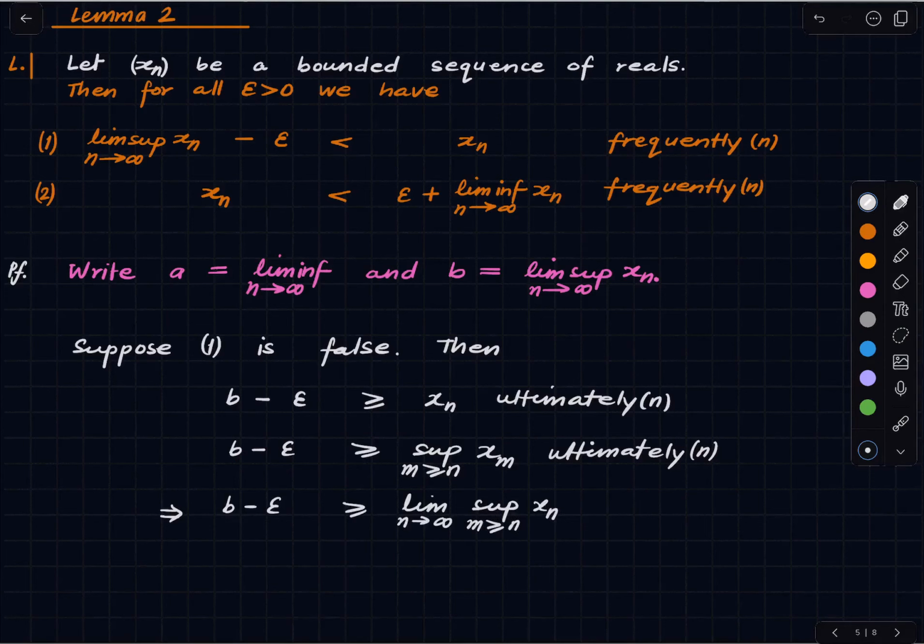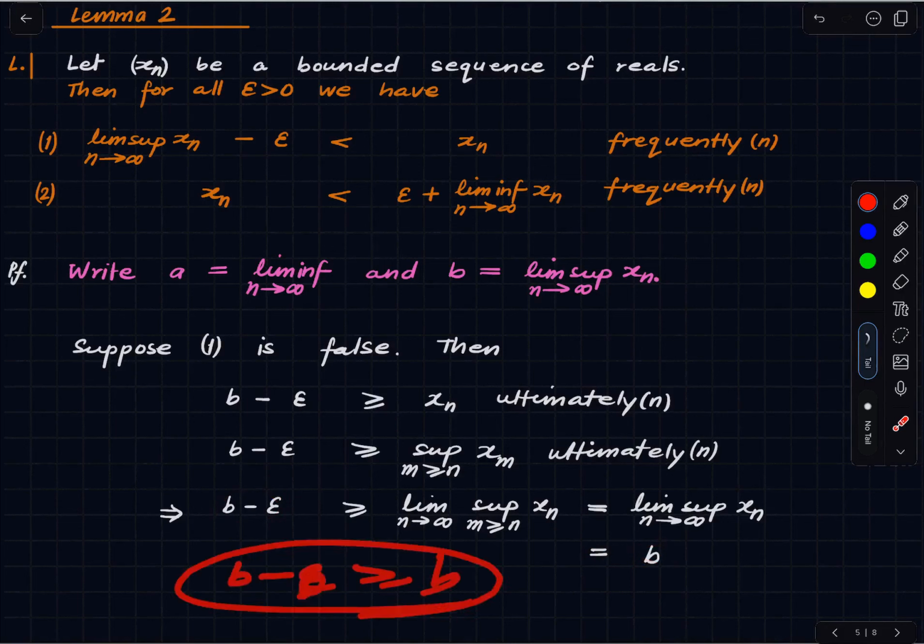Since the limit exists, it's a bounded sequence, this dominates the limit, which is lim sup, which is b. So we get b minus epsilon dominates b. This is a strict, b minus epsilon is at least b, which is a contradiction, because b minus epsilon cannot be at least b. Epsilon is positive.